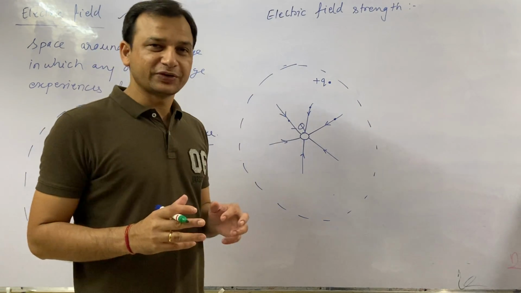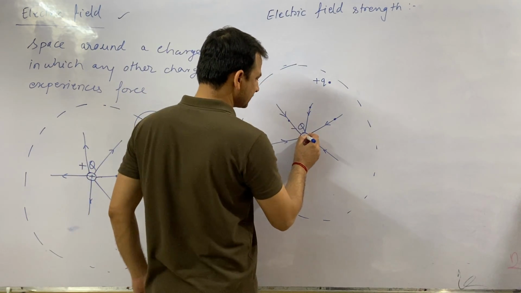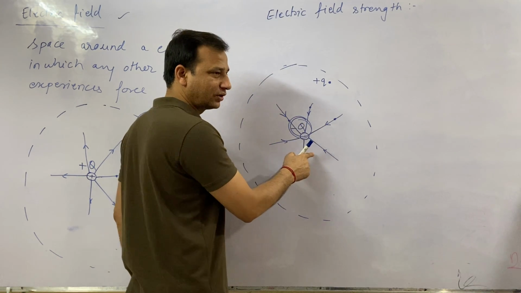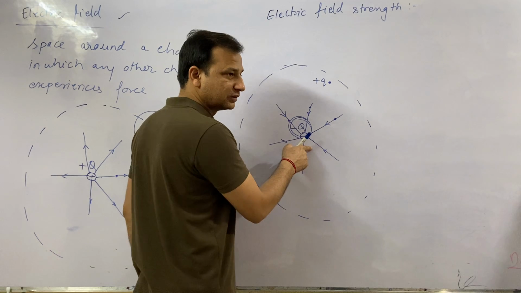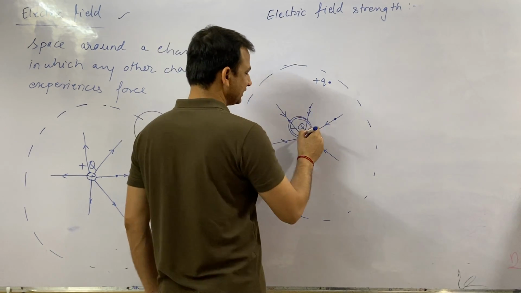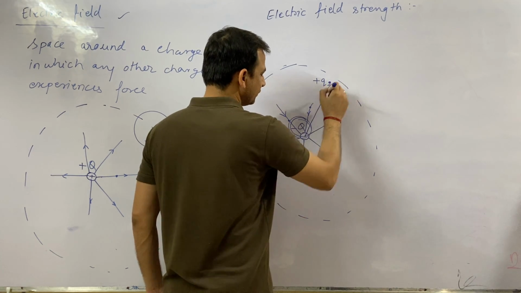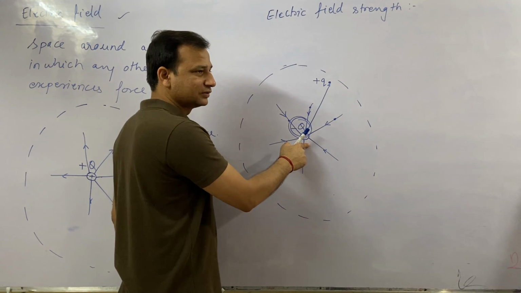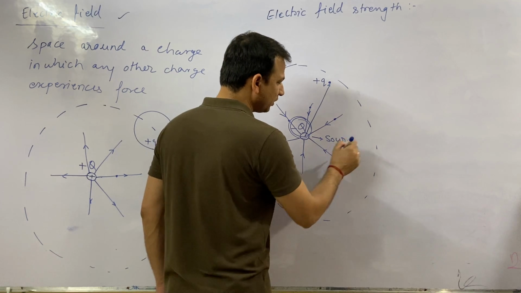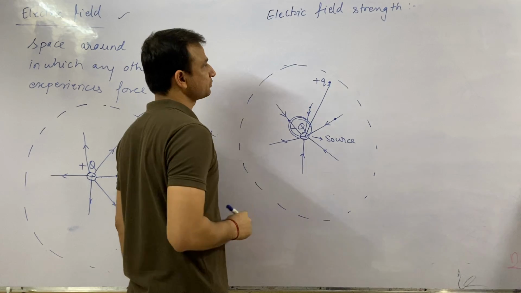Electric field strength at this point will depend on two things. One is the charge of this particle which is kept at the center, and the second is the distance of the test charge from the location of the source charge. This is called the source charge because it is the source of the electric field.